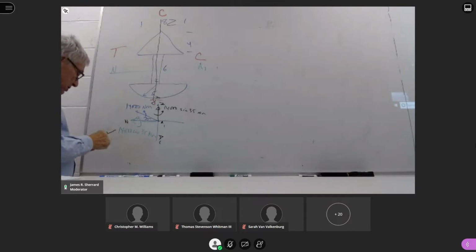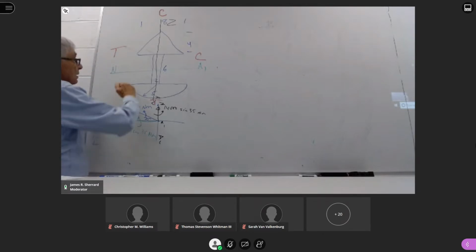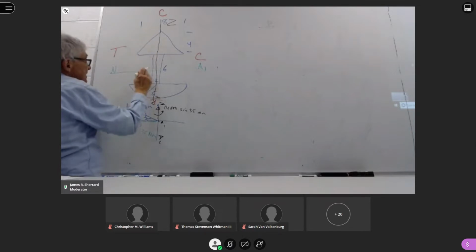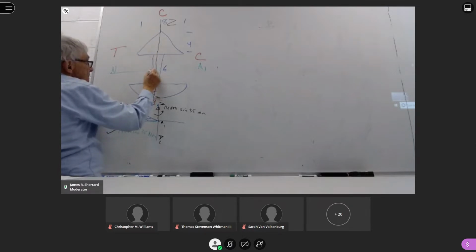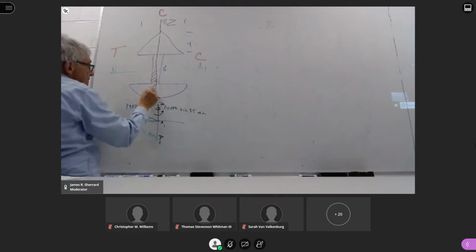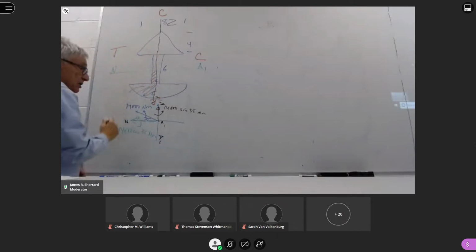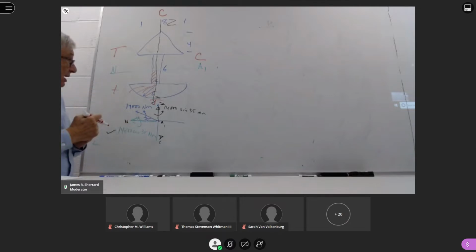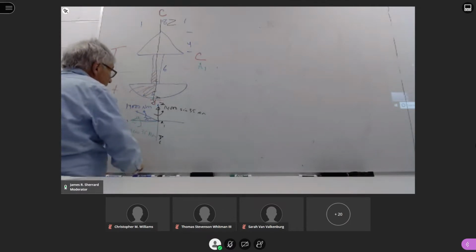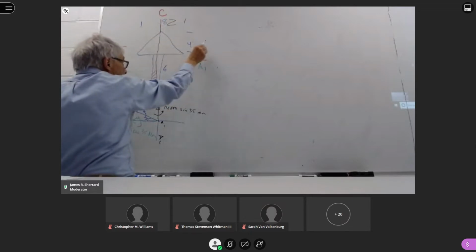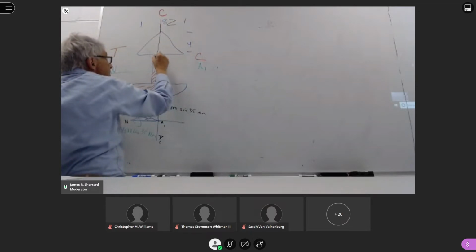So when you look at this neutral axis, anything that's down in here, this part is going to be tension, this part is going to be tension. So this side is always going to be positive for this particular case. If I look at this, anything above here, anything to the right of here is compression.